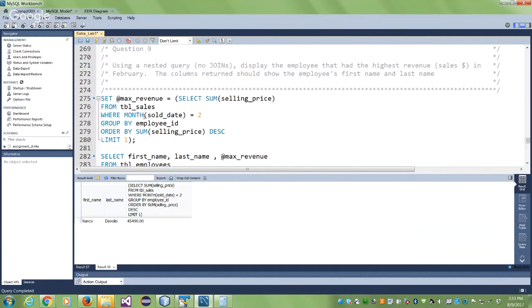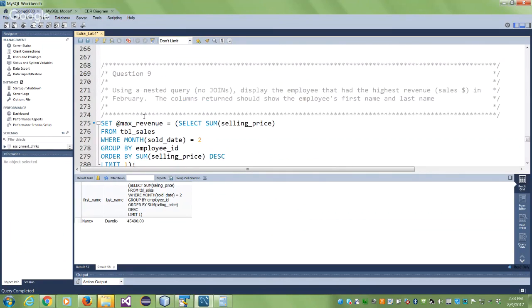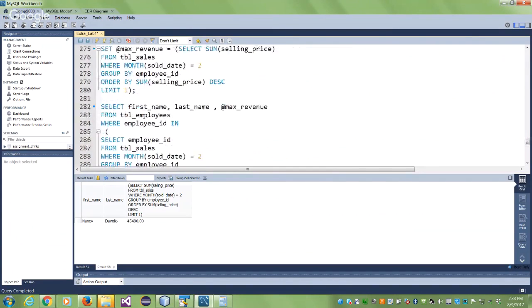What was the name we wanted to give it? Nothing, maximum revenue. No, we didn't say anything. Oh, we didn't give it a name anywhere. Call it maximum revenue, or you can just say revenue, doesn't matter. I didn't give it a name, therefore it's looking so untidy.